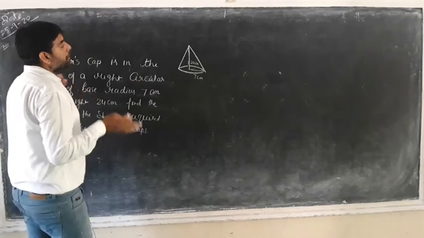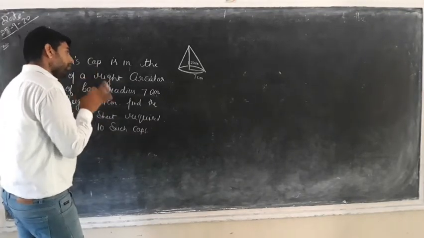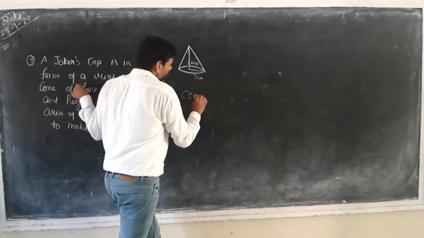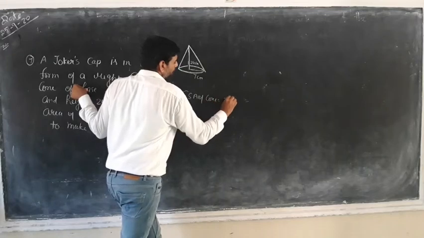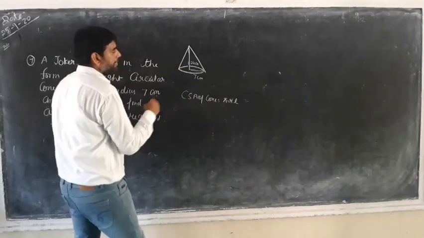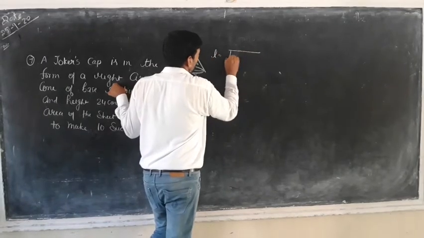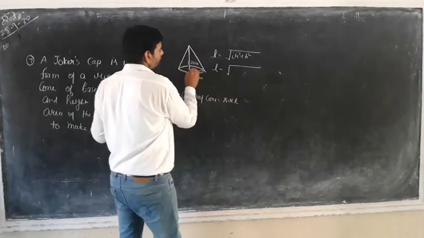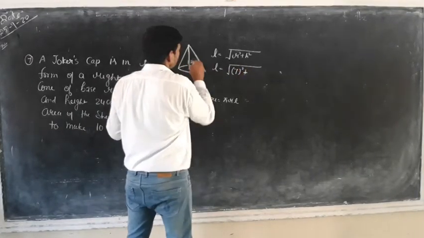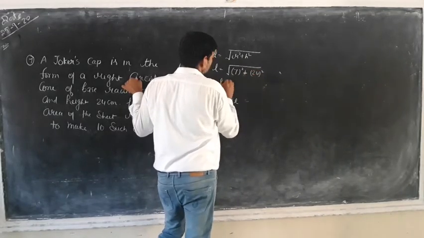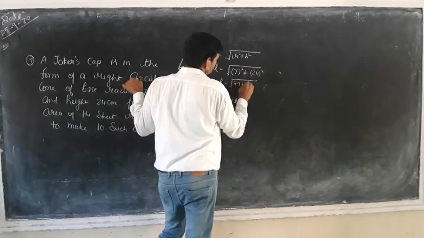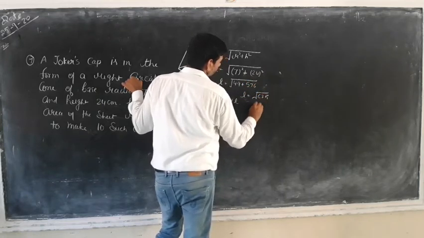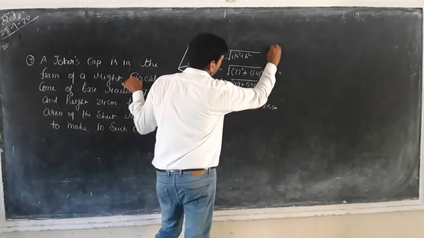The curved surface area of the cape will be pi r l, because curved surface area of cone is equal to pi r l. So l is equal to under root r square plus h square. l is equal to root of 7 square plus 24 square, which is 49 plus 576. So l is equal to root 625, so l is equal to 25 centimeter.